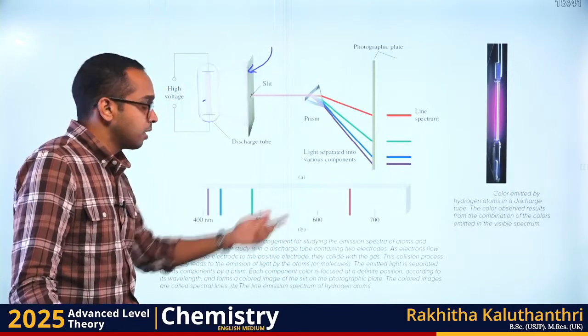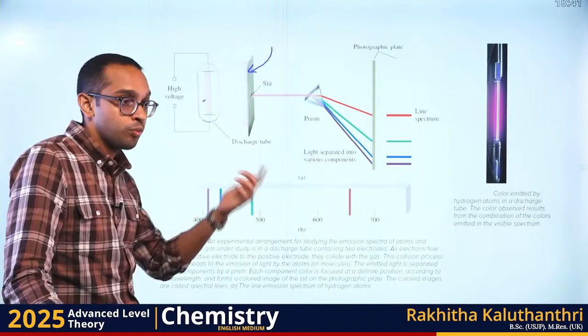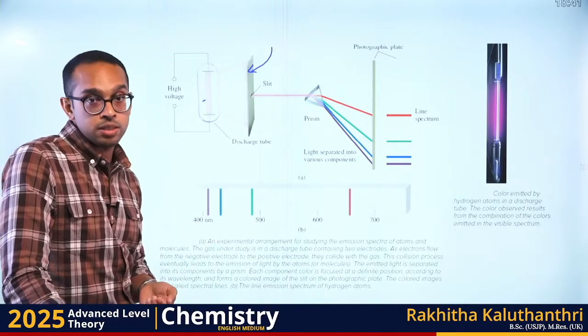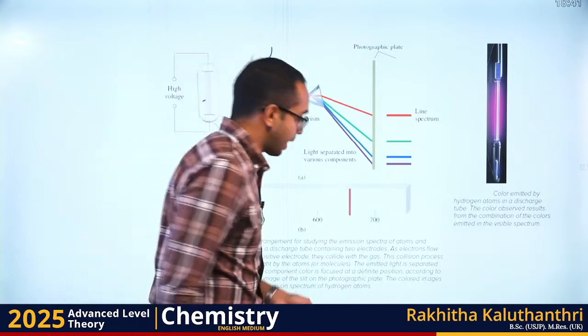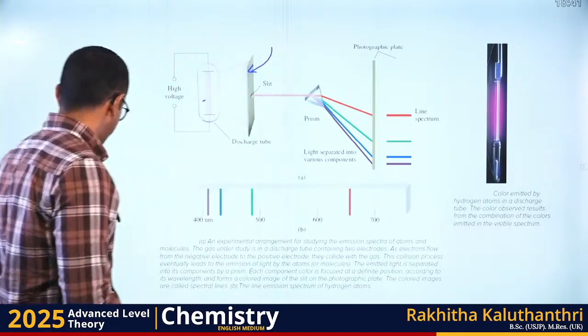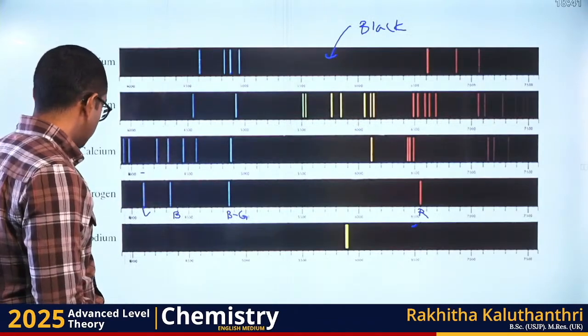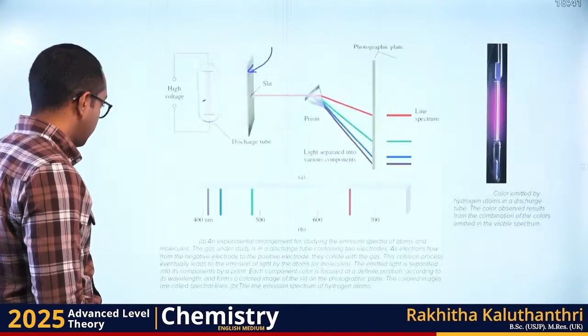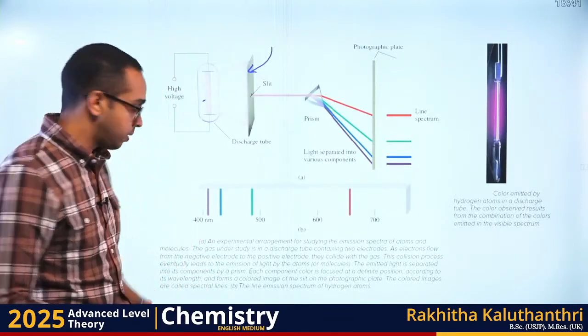You can see different colored lines have very specific wavelengths, and the remainder is going to appear black. In this case, they have not mentioned that over here clearly, but you can see the actual spectra is going to appear black, the background appears black, but the main lines appear colored.